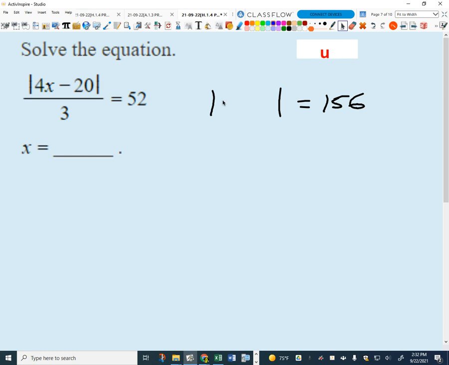What's inside is a 4x minus 20. So what are my two equations going to be? What are the two equations I'm going to come up with here?